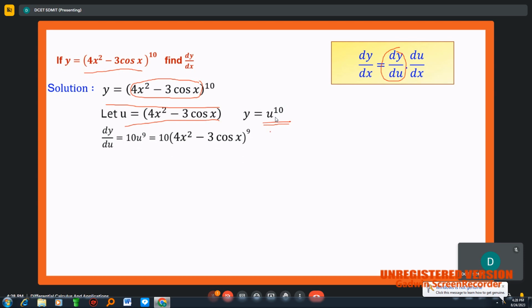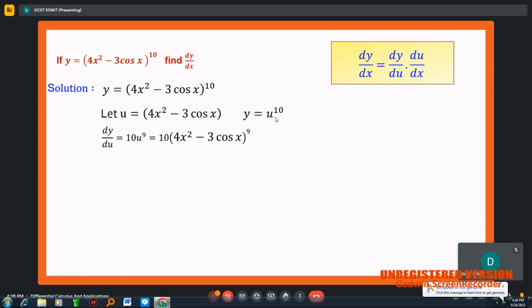It is 10 into u to the power of 10 minus 1. Power rule we are applying. 10 minus 1 is 9. Therefore, 10 into u to the power of 9. Now, what is u? u is nothing but (4x² minus 3 cos x) whole to the power of 9. This is nothing but dy by du.